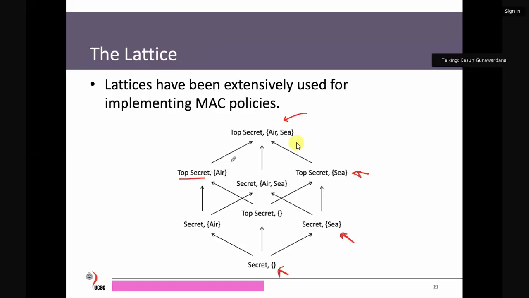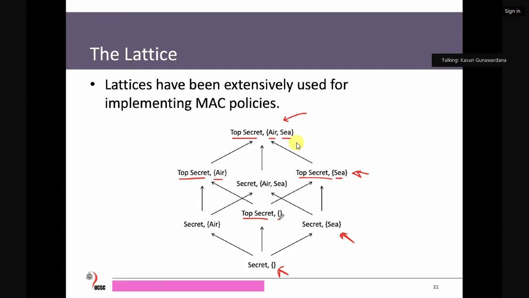All these four nodes are associated with top secret, and the possible data objects or resources: this C is one resource, A and C is another possible combination, A is another option, and not having any resource at this top secret level is another.